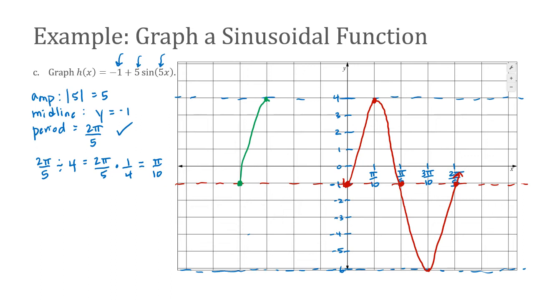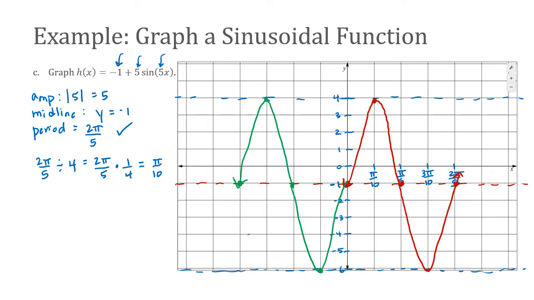I'm going to do the same thing for pi over 5, -1, 1, 2, 3, 4. It's going to come down. I'll do the same thing for 3 pi over 10, -6. I'll go to the left, 1, 2, 3, 4. And then finally, I'll connect back to 0, -1.